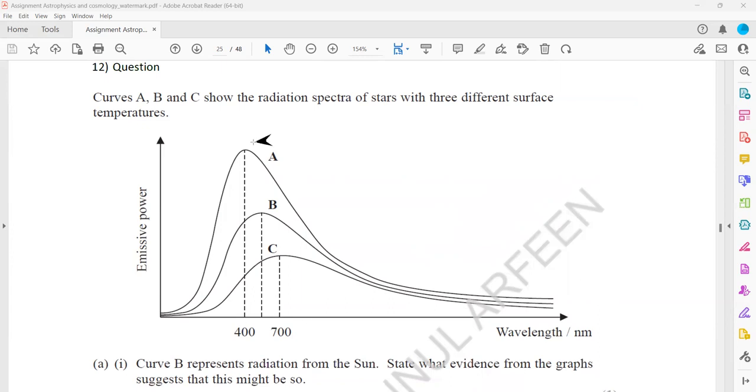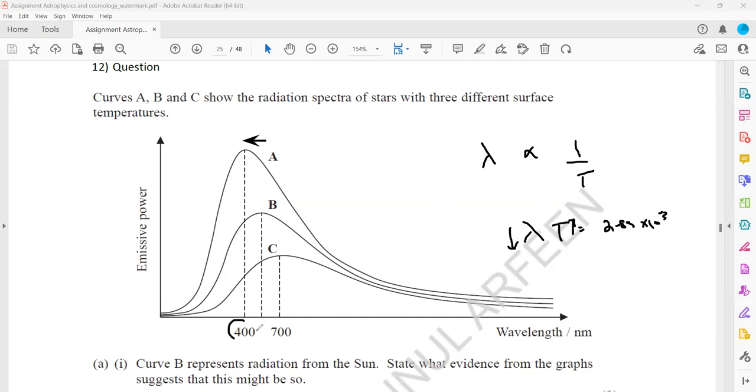Shorter wavelength means higher frequency or more power. What is the relation between wavelength and temperature of a star? It is inverse. According to Wien's law, lambda max times T equals 2.89 times 10 to the power minus 3. So if the wavelength decreases, the temperature of the star increases.